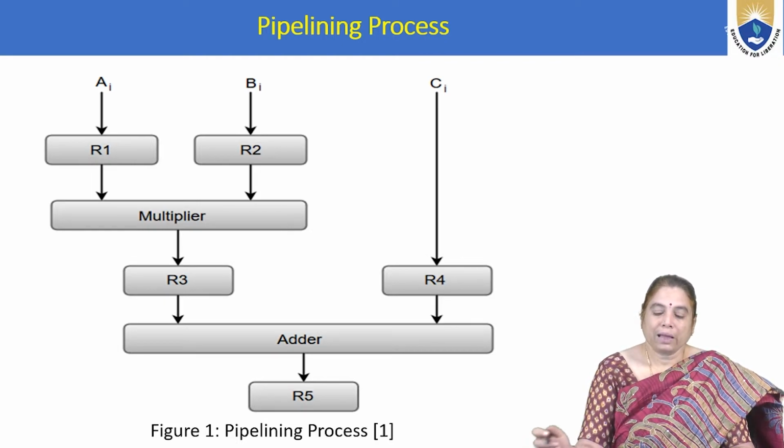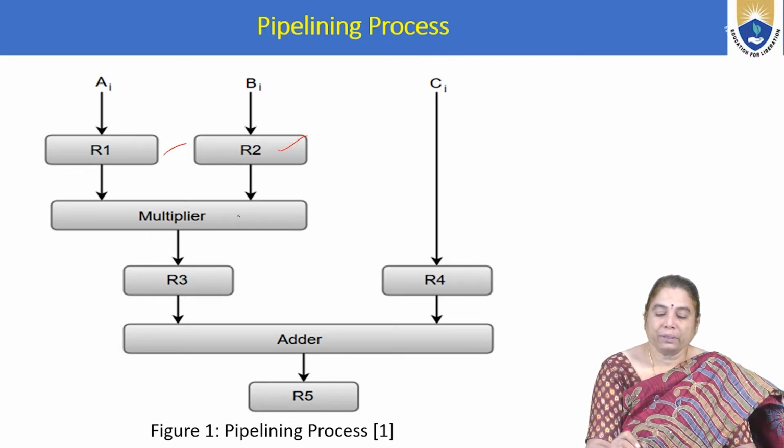So here the values can be loaded in these registers and can be multiplied with the multiplier. So here at the segment 1, the values can be loaded into the corresponding registers R1 and R2. In the segment 2, the multiplication can be performed, and this product value can be stored in the register R3.